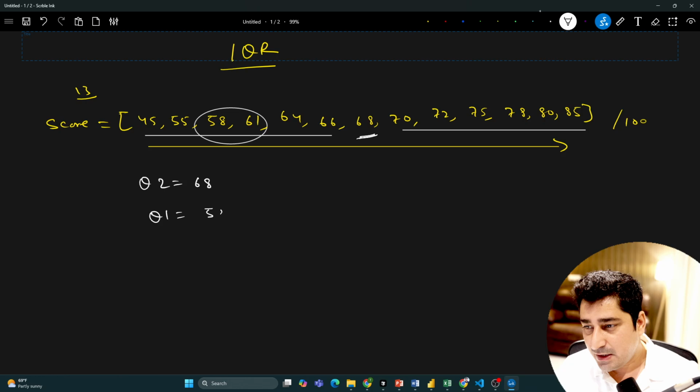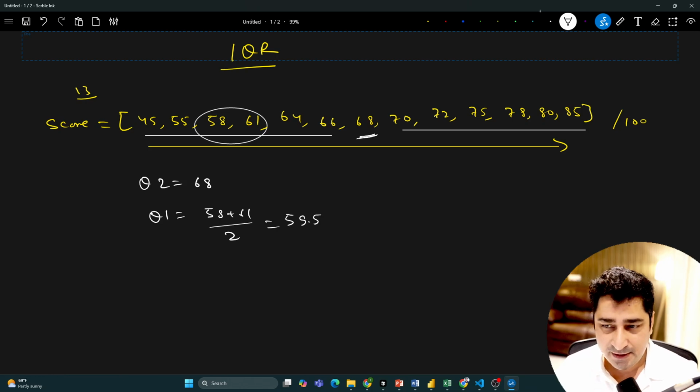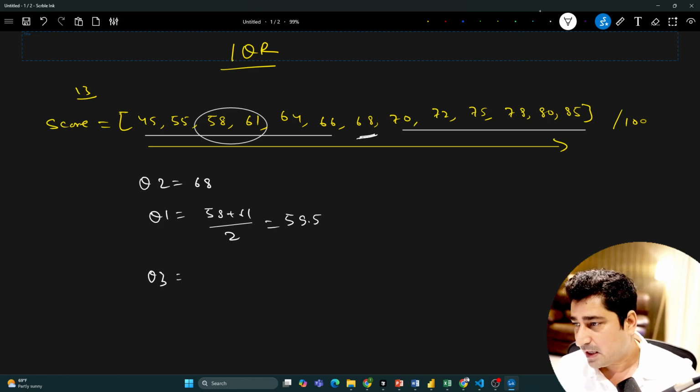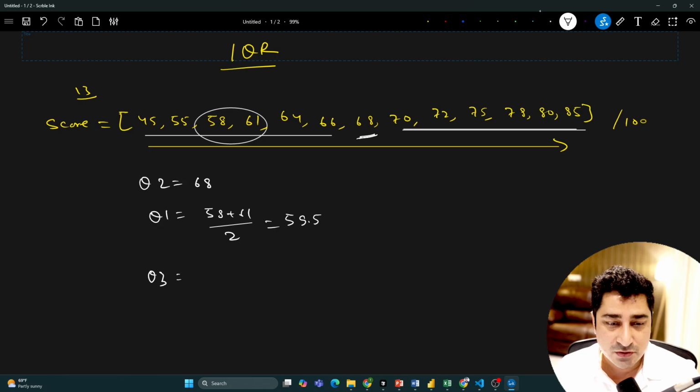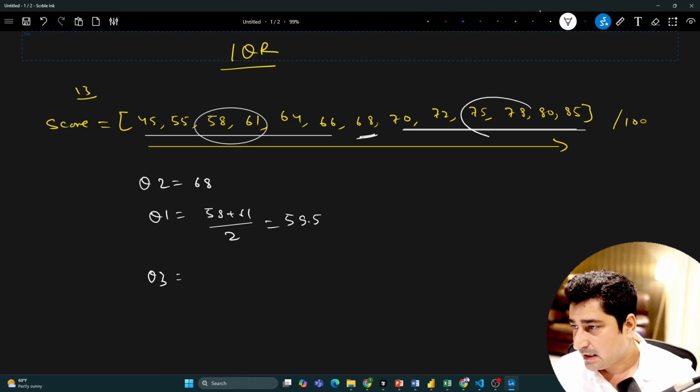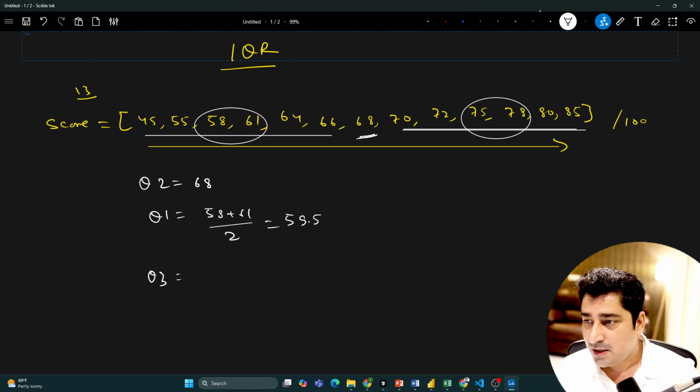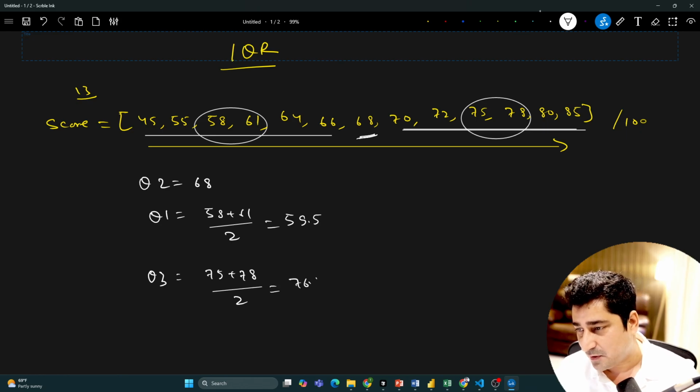So it is 58 plus 61 divided by 2, which comes to 59.5. Now the median of the upper half is called Q3. Again, I consider these numbers, and the median of the upper half is 75 plus 78 divided by 2, which gives me 76.5.